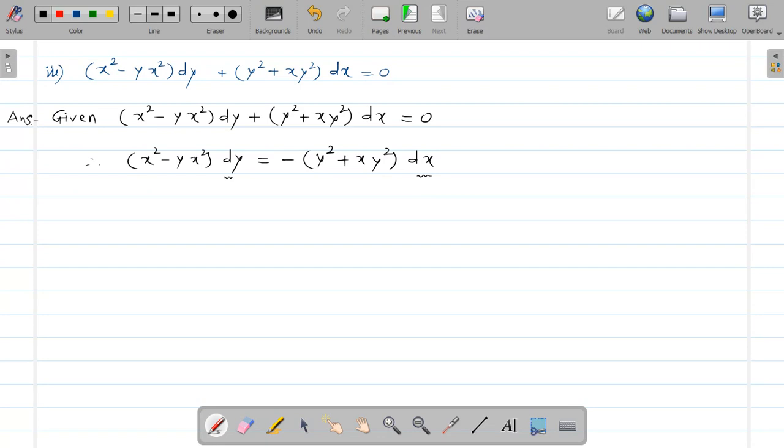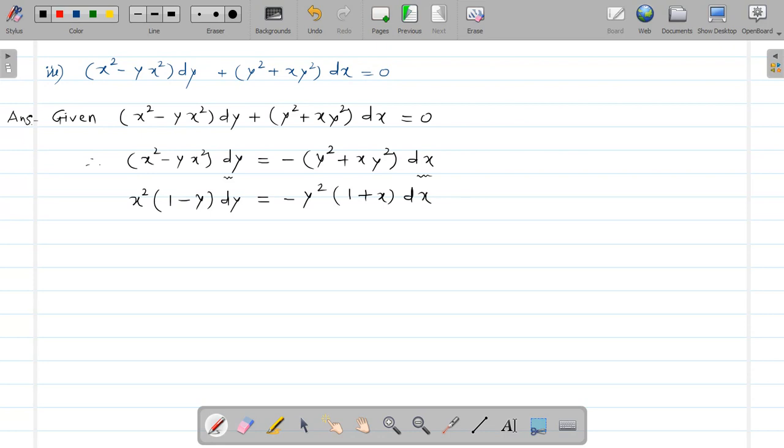So for this, from the left hand side you will get x² common. So x² into bracket (1 − y) dy is equal to, on the right hand side there is y² common, so you can take (1 + x) here into dx. Now separate out the terms. Here you transfer y² to the left hand side and transfer this x² to the right hand side.